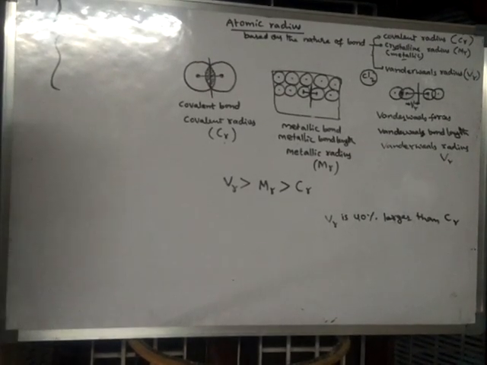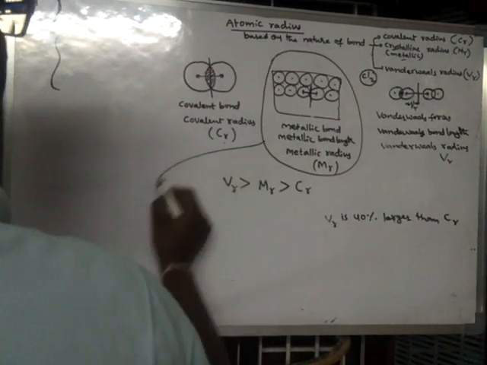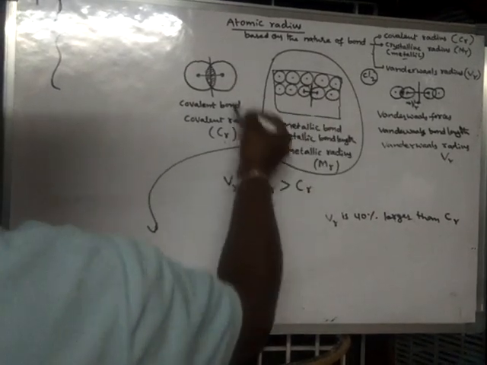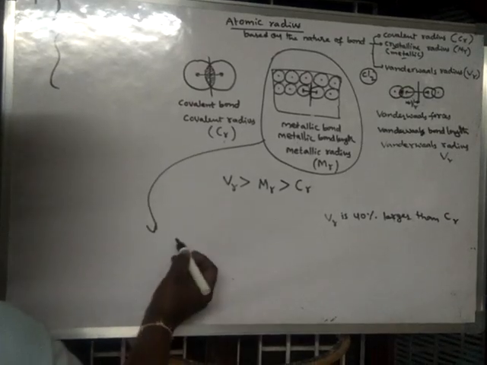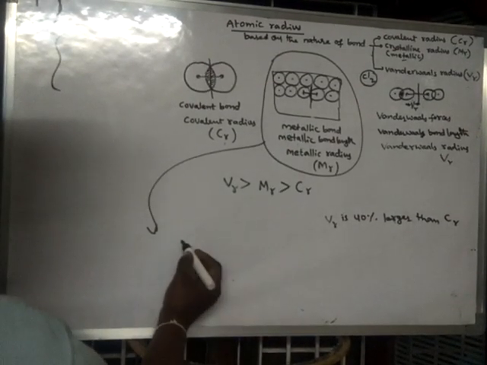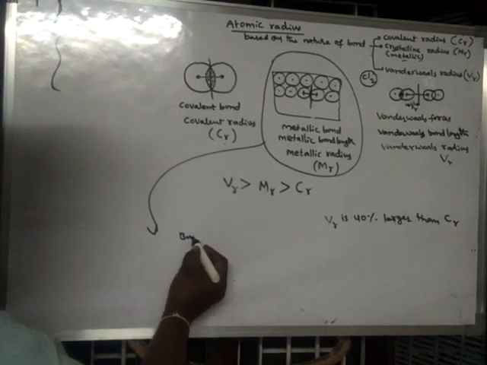For example, if you see metallic radius, the distance between the two sodium atoms in a piece of sodium metal will be 3.72 angstroms between two sodium atoms. So this is the metallic bond length.